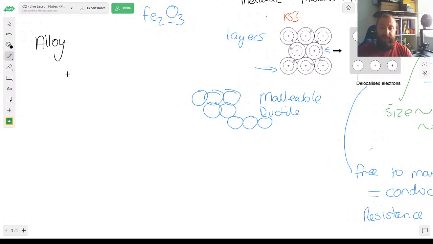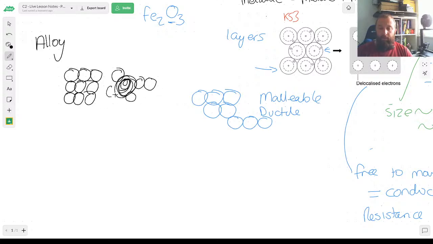And what it does is this: it disrupts. So we've said up till now we've got a metal as in discrete layers. This is assuming that the atoms are all the same size. But if I start mixing elements in, or atoms in, that are different sizes, then straight away I just draw out and put a couple of these in.